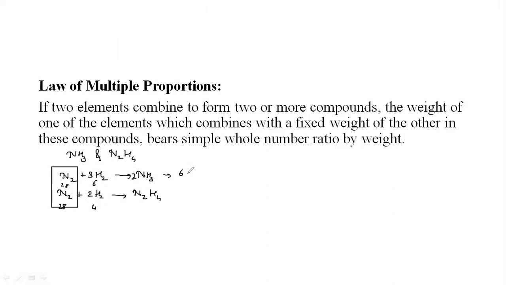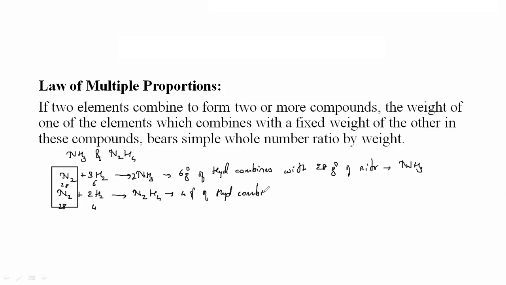So 6 grams of hydrogen combines with 28 grams of nitrogen to form ammonia, NH3. And 4 grams of hydrogen combines with 28 grams of nitrogen to form nitrogen hydride, N2H4.